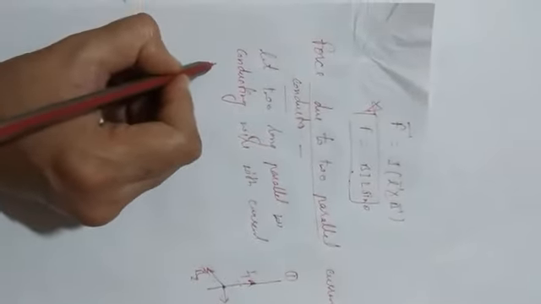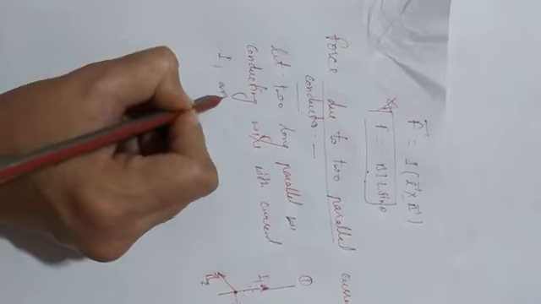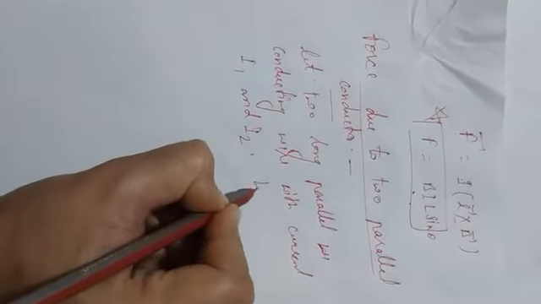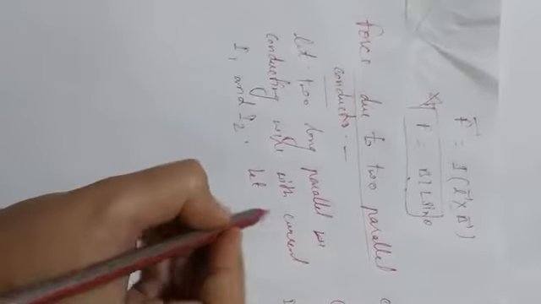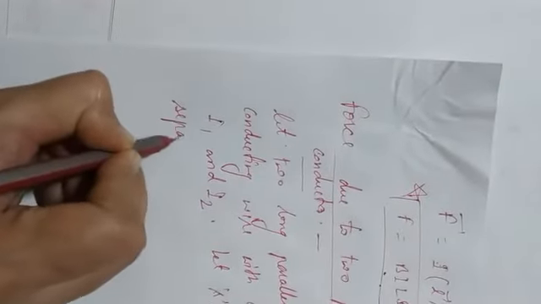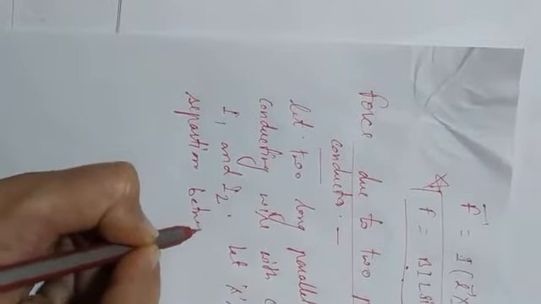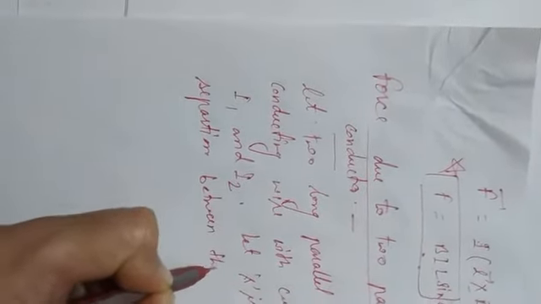Their currents are I1 and I2. Let the separation between them be R. Let R is the separation between them.